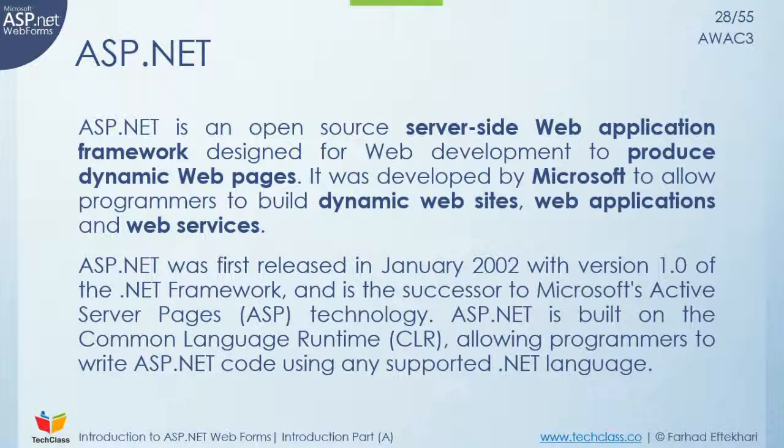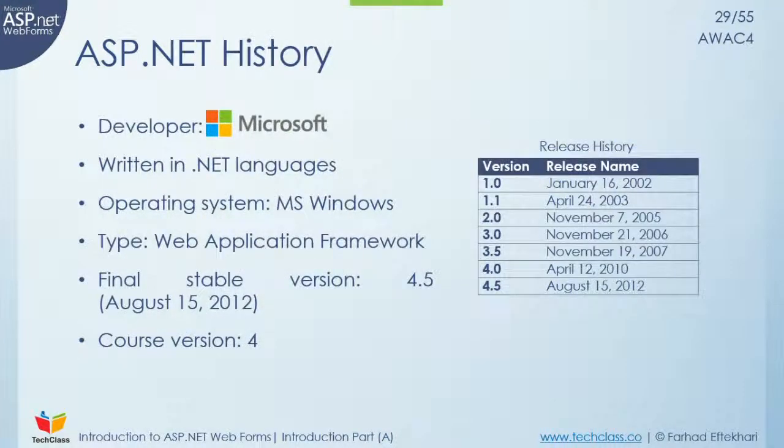ASP.NET is built on the Common Language Runtime or CLR, allowing programmers to write ASP.NET code using any supported .NET language. And here is the release history of this ASP.NET technology that we are using.